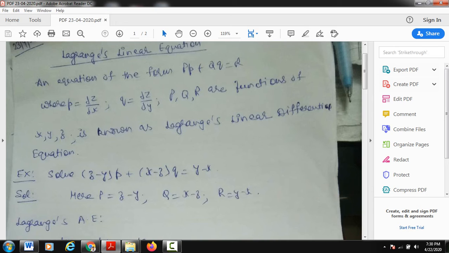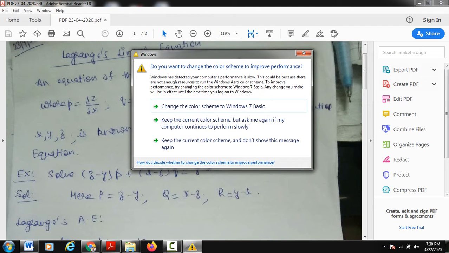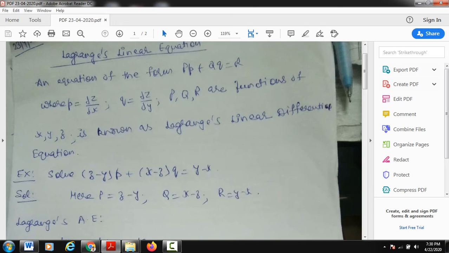But it is not always possible to solve them directly, because sometimes students are unable to separate the variables. In that case, we use the method of multipliers. So on solving these auxiliary equations, kindly find the two solutions, and they must be different, because if they are the same, then they will be considered as one solution, not two.